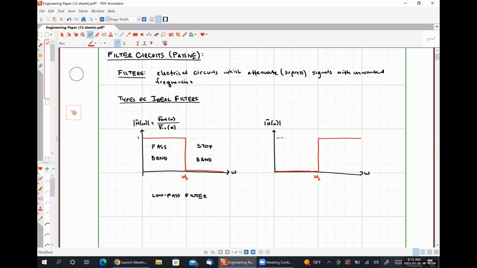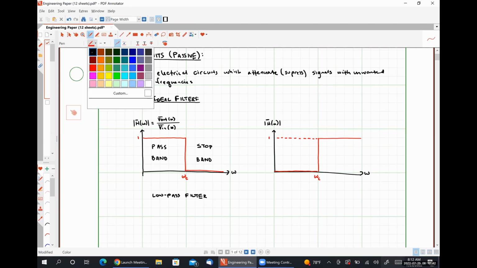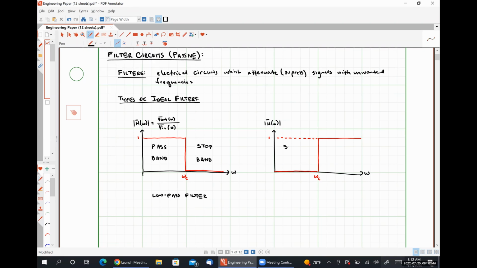The height of this is 1. Now we have a stop band on the left and a pass band on the right. And this is what we call a high pass filter.